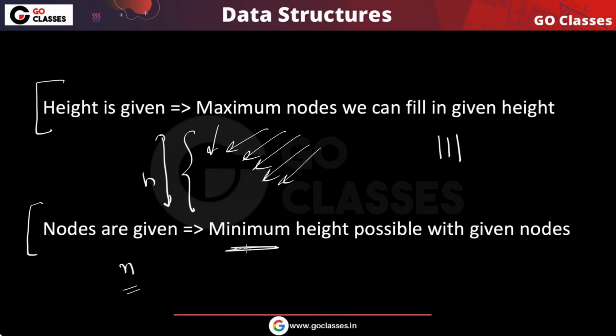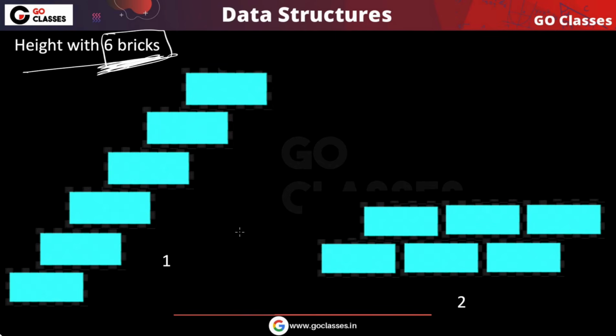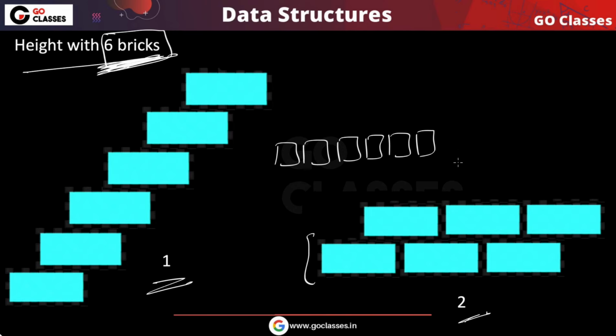And they are saying you want the minimum height. If you want the minimum height, you will go with the first option or the second option. You will be putting the bricks like this or like this. Suppose that on the surface at max 3 bricks can be put. Otherwise, you will put all 6 bricks in a line, and you can say this is the minimum height possible.